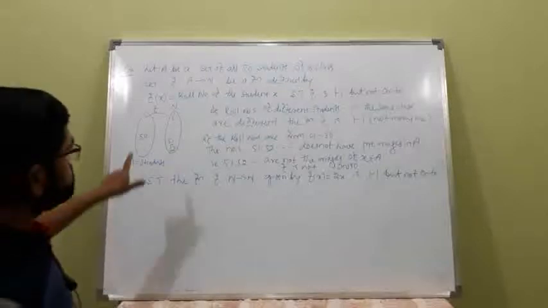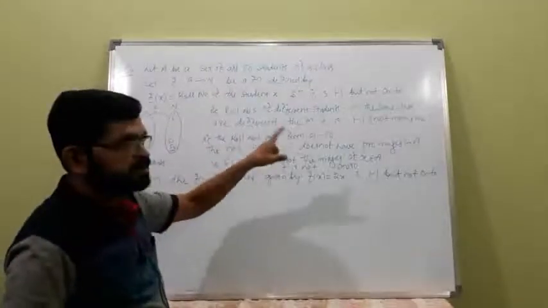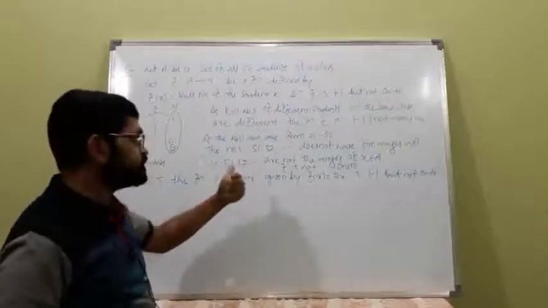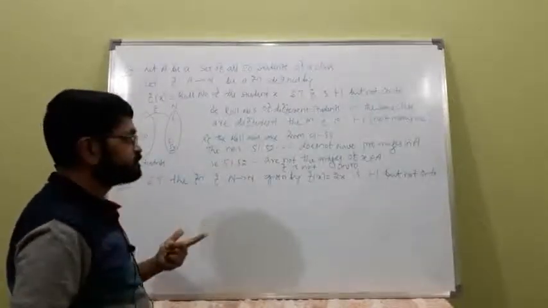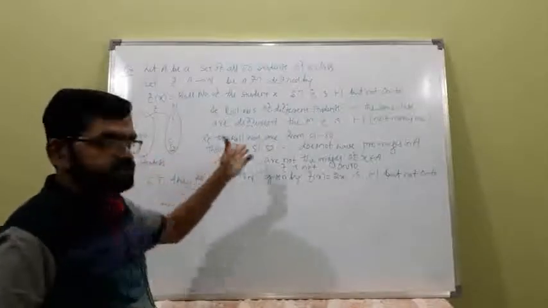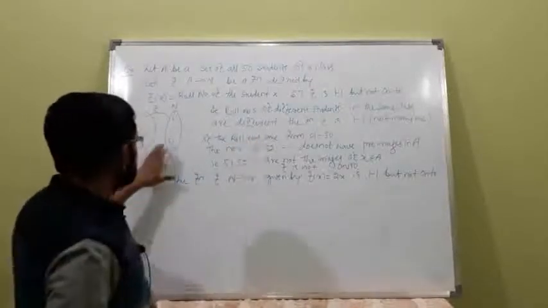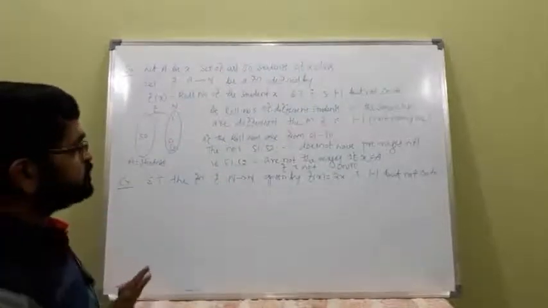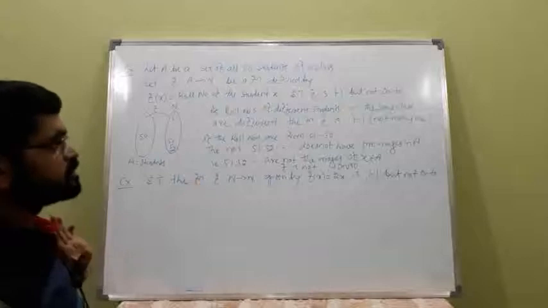Since roll numbers are distinct and unique to each student, this is a one-to-one function, and 51, 52, and so on up to infinity are not the images of x under f, so this is not an onto function.